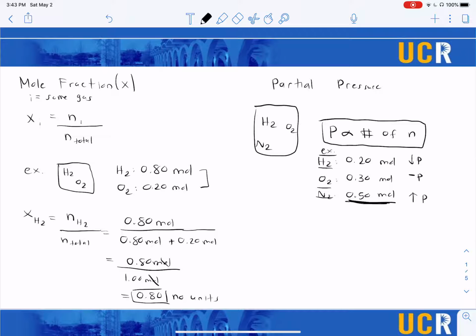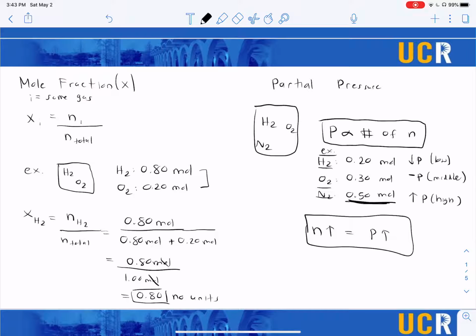If I have a lot of moles of a gas, that's going to be a high pressure. Just an idea to take away.